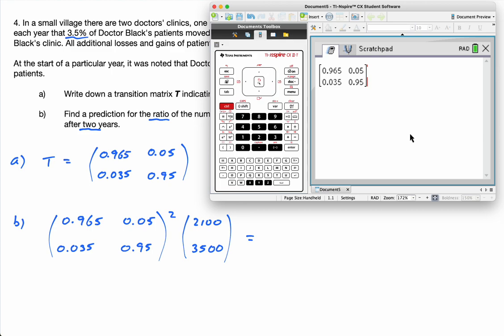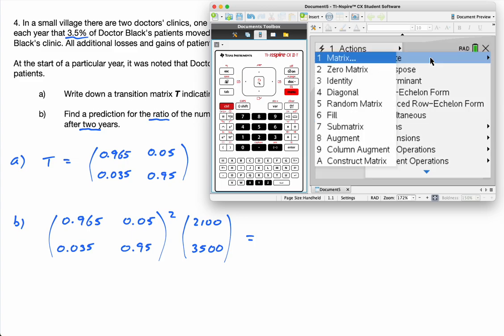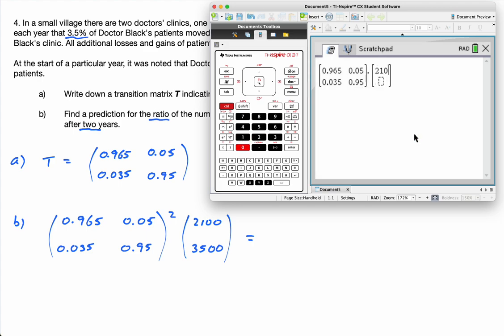And then this is multiplied by the vector. It's 2 rows, 1 column. And I want 2100, 3500. Sorry, guys, I nearly did it again. Squared. It's this squared times that.